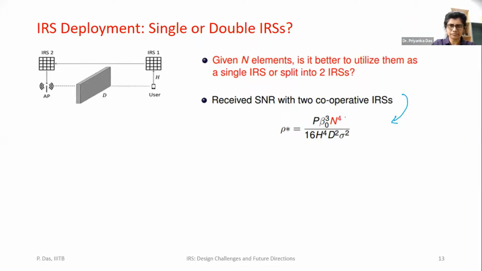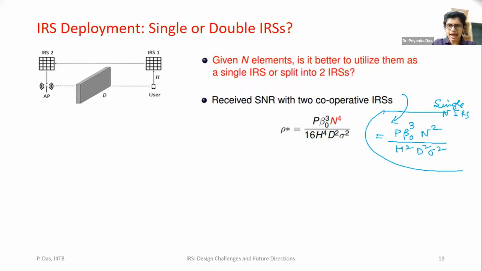If I compare these expressions, the earlier expression is P into beta naught cube N square by h square d square sigma square. This was your earlier answer with a single N-element IRS. Now you can see I have something more, something less.